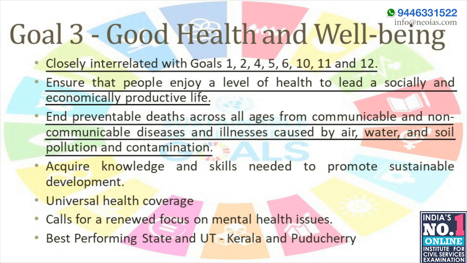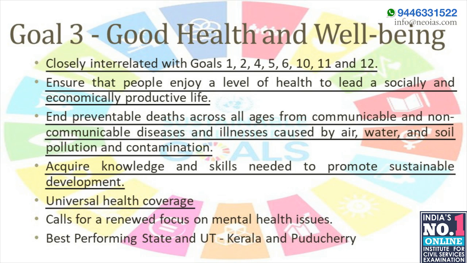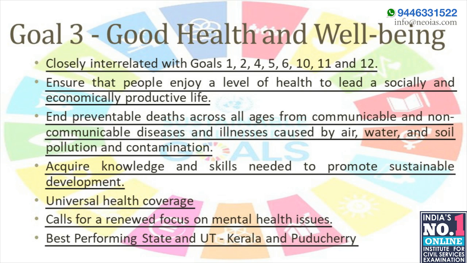It ensures that all learners acquire knowledge and skills needed to promote sustainable development. It also aims to achieve universal health coverage, including financial risk protection, access to quality essential health care services and access to safe, effective, quality and affordable essential medicines. It also calls for renewed focus on mental health issues. And the best performing state and UTs in goal 3 are Kerala and Puducherry.